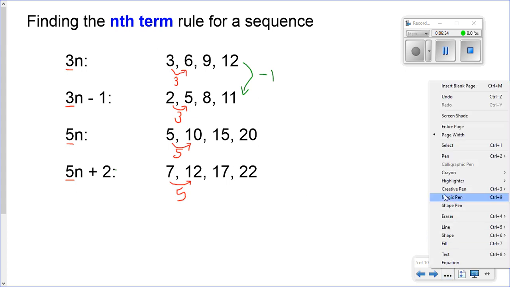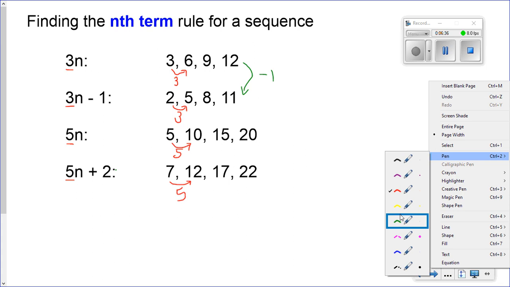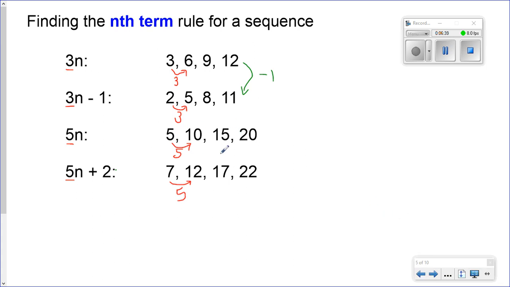If we look a little bit closer, this is clearly the 5 times table, 5, 10, 15, 20. What do we do to the 5 times table to make the sequence below?